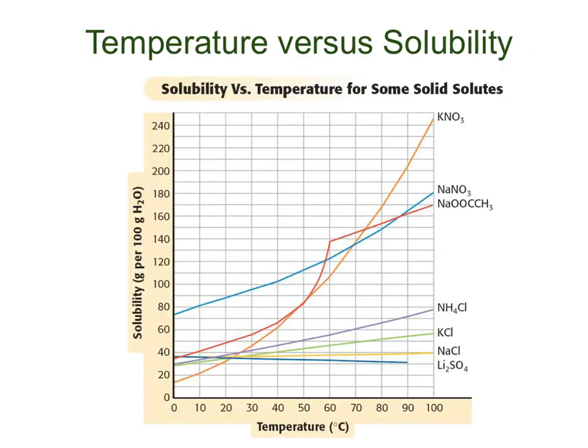Well, if I look at NaCl, here's this yellow line, kind of hard to follow, but if I look at that, I've got to find my temperature at 20 degrees. I'm actually going to write that in. So at 20 degrees, if I find where that intersects with my NaCl line, I'm looking at this yellow line, it looks like at that temperature I should be able to fit 38, 39 grams of that salt into 100 grams of water.